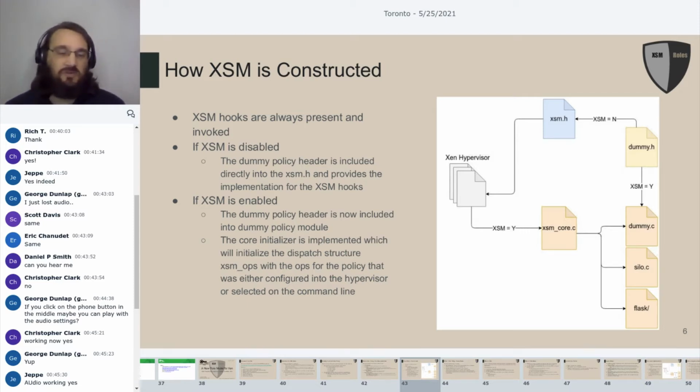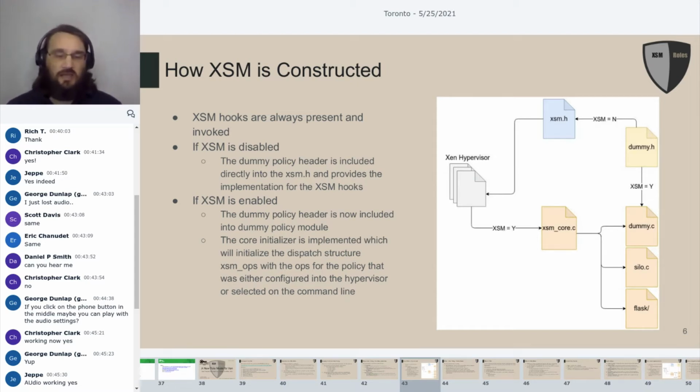When you build Xen and you have the XSM kconfig option disabled, the dummy policy header file, which has a one-for-one definition for every XSM hook in the hypervisor kernel, gets included directly into xsm.h, which is then how the implementation of those hooks gets called.